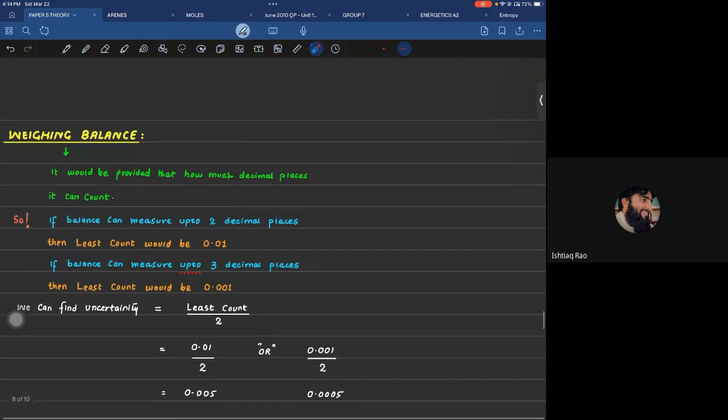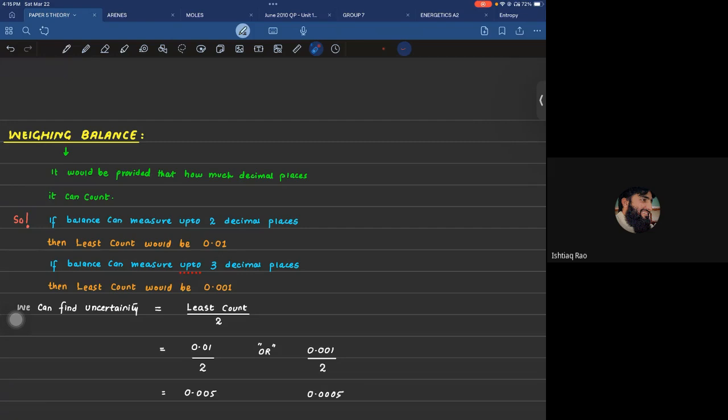Then we have the weighing balance. We generally take the mass of a solid from this weighing balance, and it comes in different varieties. You will see weighing balances which measure up to 2 decimal places, sometimes 3 decimal places, or even 4 decimal places.